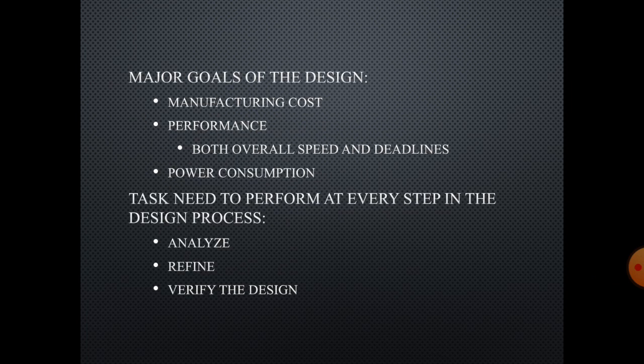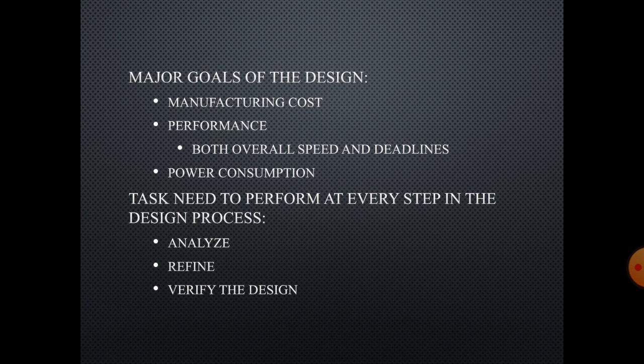Next one, the major goals of the design. The major goals of the design include, first one, the manufacturing cost. Second, the performance. And the third one, the power consumption. So manufacturing cost, in which the cost must be acceptable to the clients. Second one, the performance. The performance includes both overall speed and deadlines.